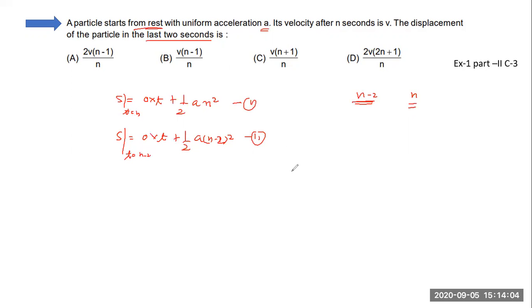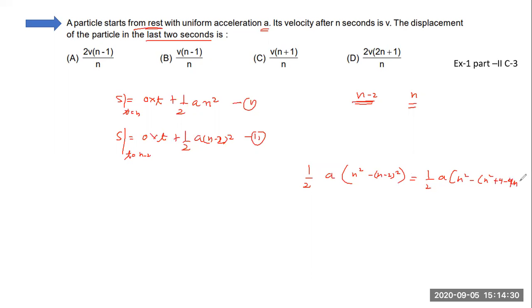Okay, so subtracting these two, we get 1 by 2 a common, so we get n square minus n minus 2 whole square. Simply opening up this bracket, we get 1 by 2 a, n square minus bracket n square plus 4 minus 4n.